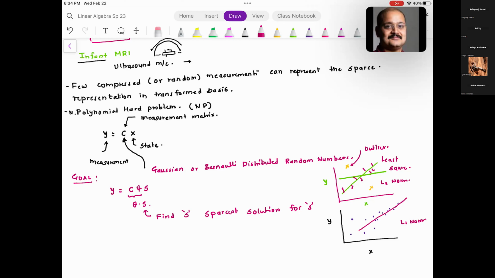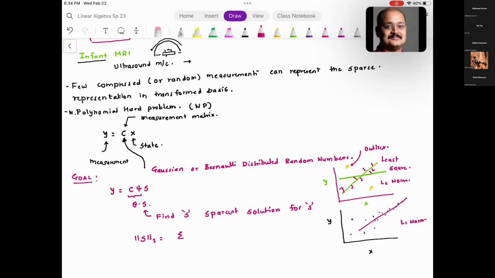So if you look at the definition of L1 norm, it's very simple. Least square is like you are going to find these distances.